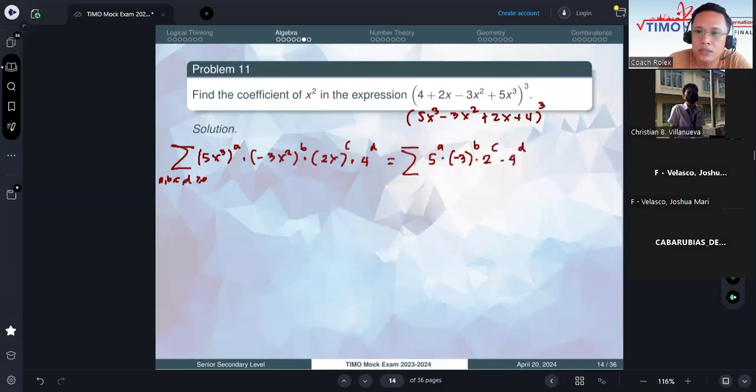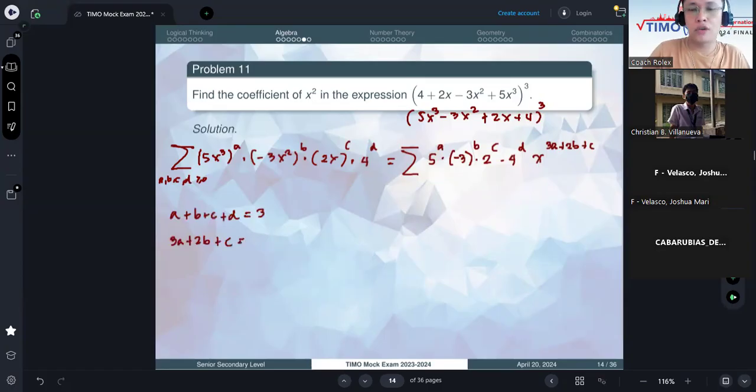For our x, you will have 3a plus 2b plus c. So in here, our a plus b plus c plus d should be equal to 3, and our 3a plus 2b plus c should be equal to 2, because we are only looking for the coefficient of this one.